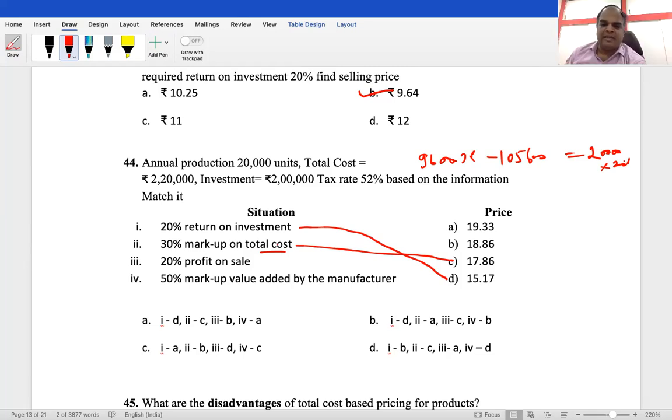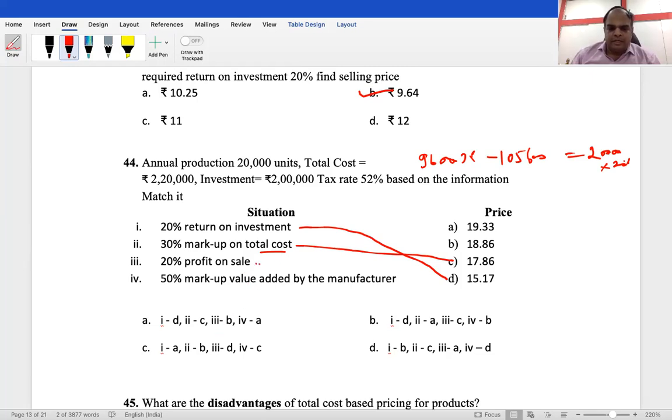Next, same manner. 9,600 X minus 105,600 should equal 20% on 20,000 X, because sales revenue is 20,000 X. Understood? Next, got it or not? 18.86, 18.8.